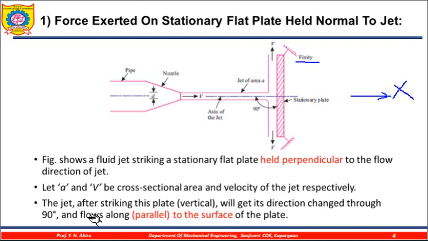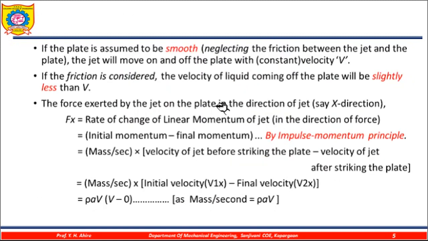The jet, after striking the plate which is vertical, will get its direction changed through 90 degrees as seen in the diagram, and flows along the surface of the plate, that is, parallel to the plate. Partly, 50% of the liquid will flow in one direction and the remaining will flow in the upper direction.